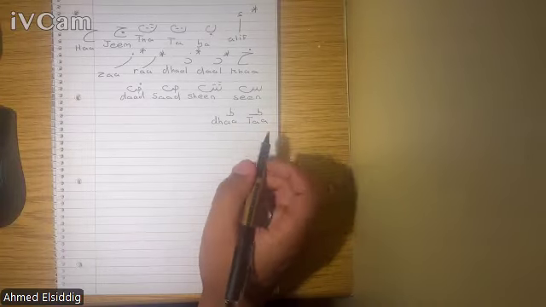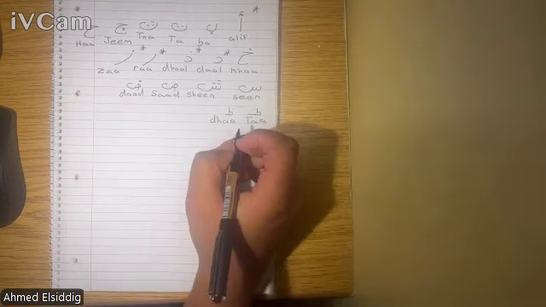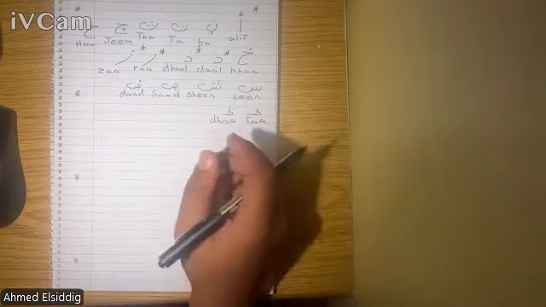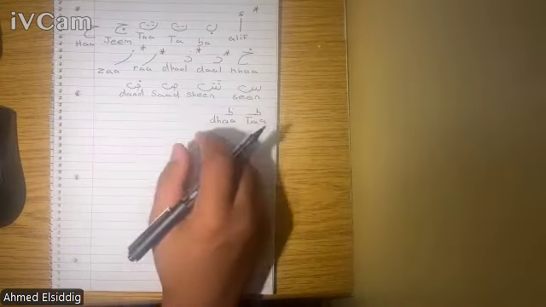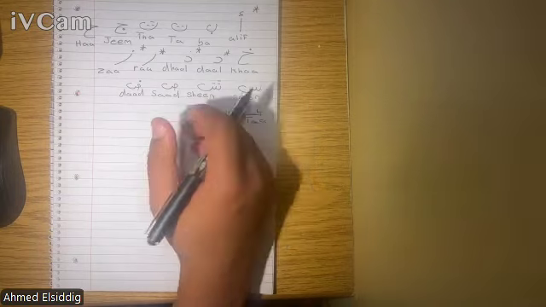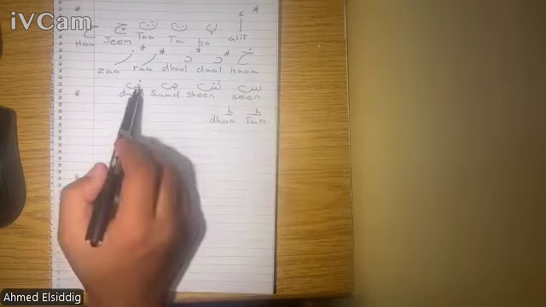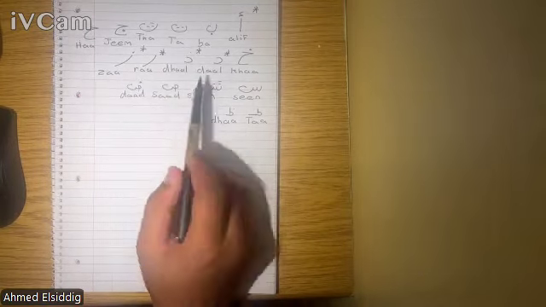That's Dad, that's Ta, and that's Va. Inshallah, next class I'll have some examples in which they're different. For this class, I won't be having too many examples. I have examples of the different letters and how they come in a sentence, but for next class, inshallah, we'll have examples for these three letters in particular. But I'm not going to be going over them. I think I'll be going over the first few letters in this class.